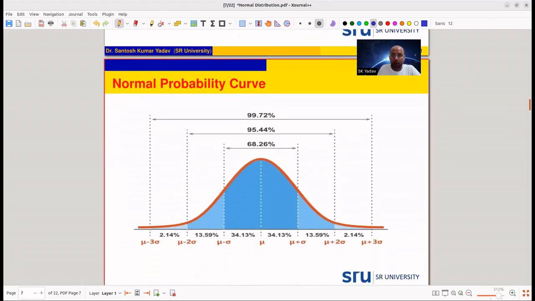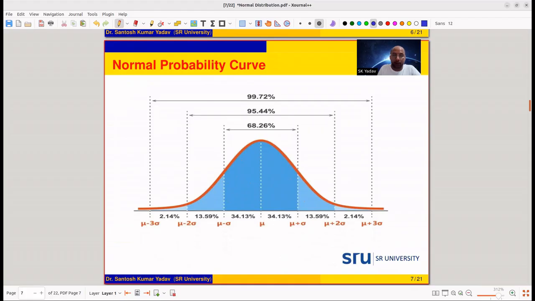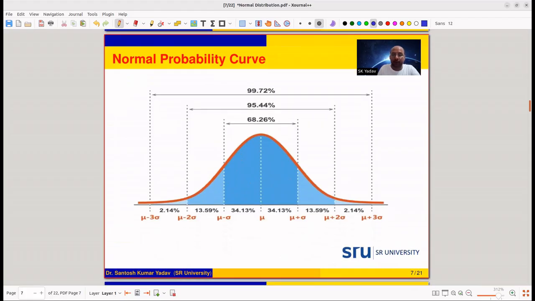Let us now see the probability curve. It is a very important key concept to understand the normal probability distribution. If you understand this fully, the normal distribution is easy for you, and it will be very helpful in calculating probabilities in problems.